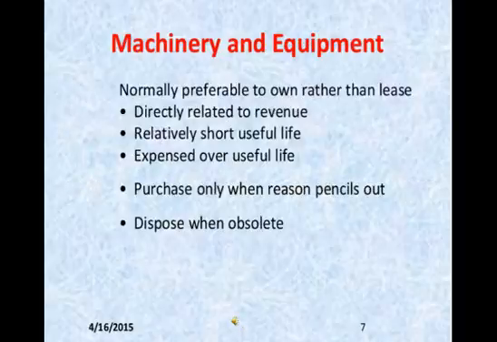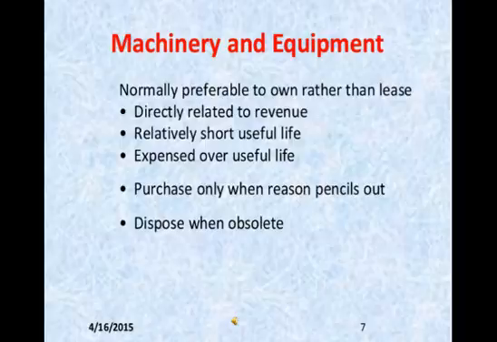The last of our slides talks about machinery and equipment. These, like facilities and property, can also be significant items for locked-in assets. But, unlike facilities and property, these normally are preferable to own rather than to lease.